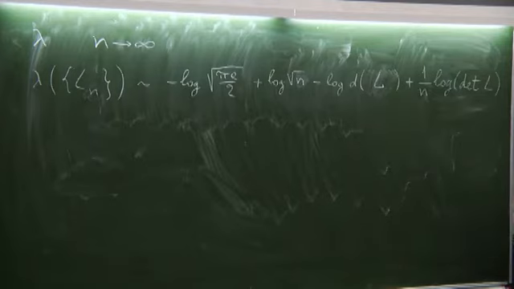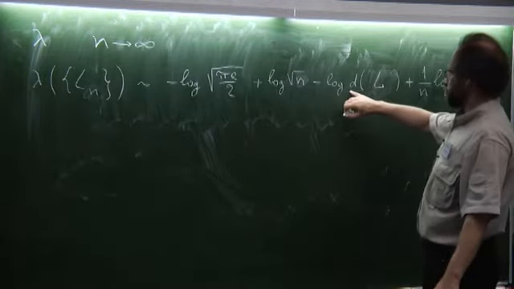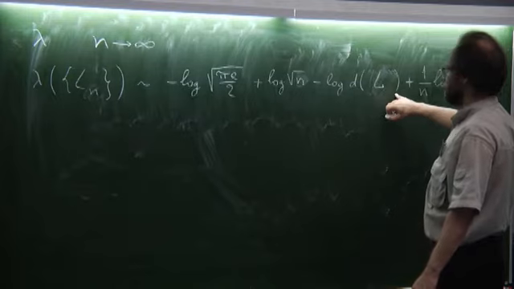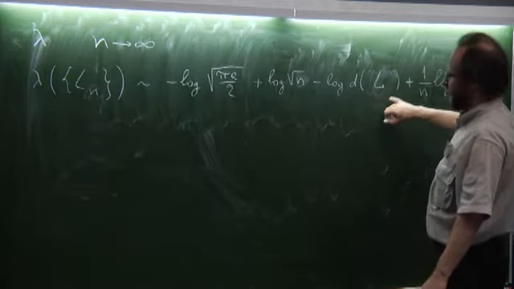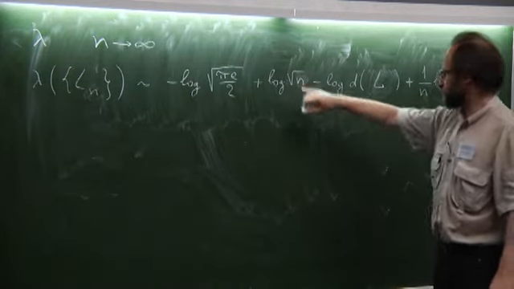That is, in your family, in all constructions that I'm going to consider, quite naturally, this d will be of the order of magnitude log square root of n.